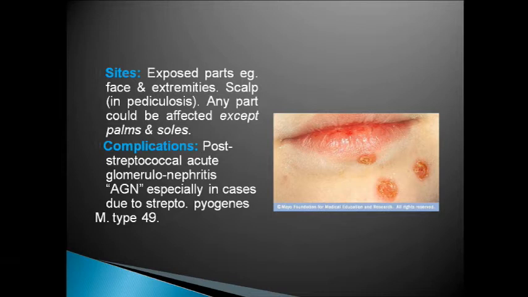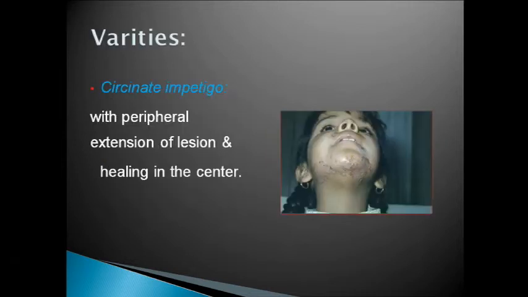Basically AGN is not directly due to infection by Streptococcus pyogenes. It is a hypersensitivity reaction, because the glomerular basement membrane has a cross-sensitivity to Streptococcus antigen, which is present in your body after a throat infection or other skin infection.